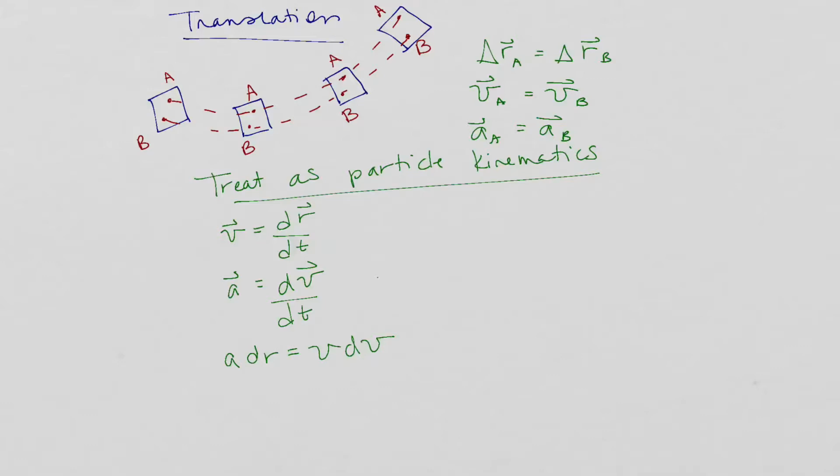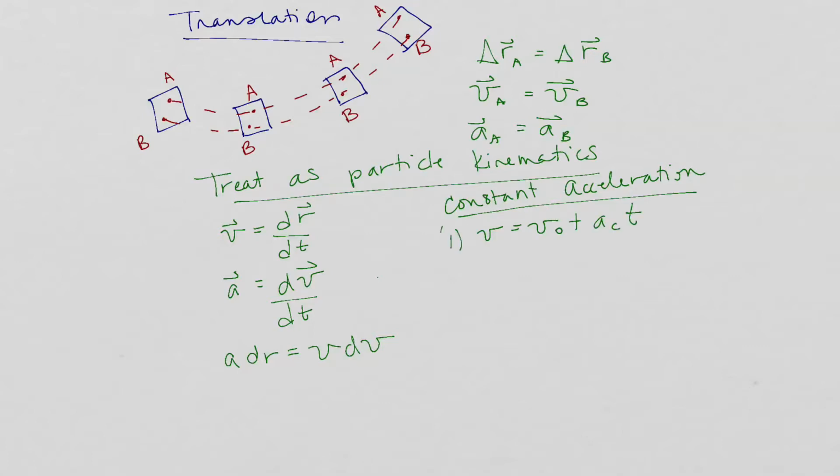But when we have constant acceleration, so the acceleration doesn't change, the guiding equation is the velocity equals the initial velocity plus the constant acceleration times time.